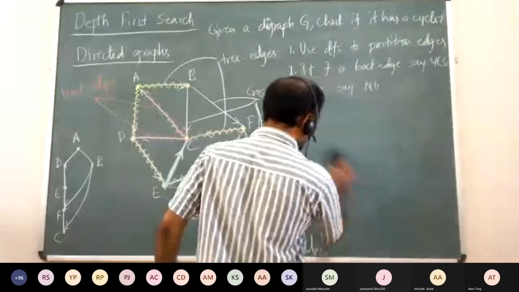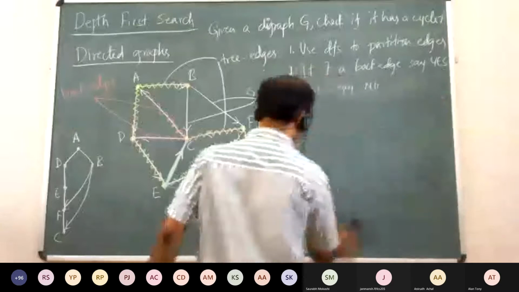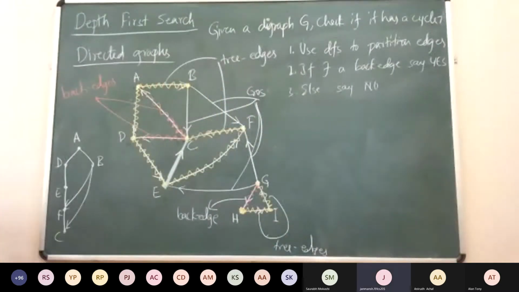Suppose there is no back edge, then can you say that there is no directed cycle? Can we show that using the fact that cross edges will be from right to left only and not from left to right?